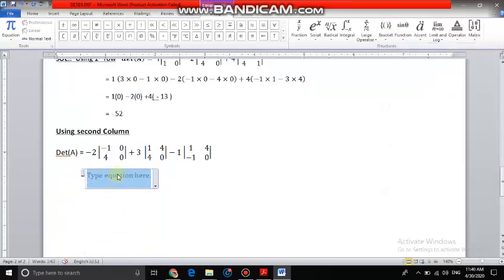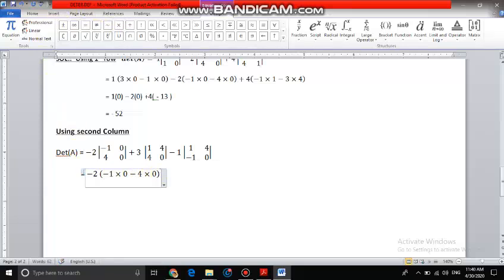So what do you get here? 2 brackets will be open, minus 1 into 0 and minus of 4 into 0. That is the first symbol. I think instead of 2, this has to be a minus 2.